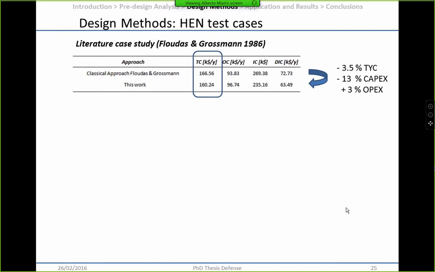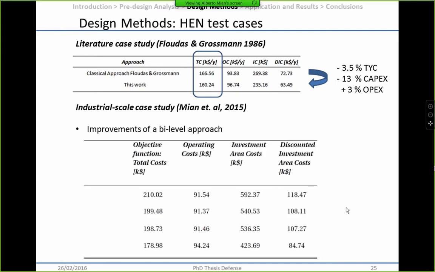Then, since I was not satisfied, we decided to test the 2 methods on a large-scale example. So I first applied the classical sequential approach, the one I took as reference, on an industrial scale case study. Then, by just including in my approach the optimization of the heat recovery approach temperature, it's possible to improve the function by 5%.